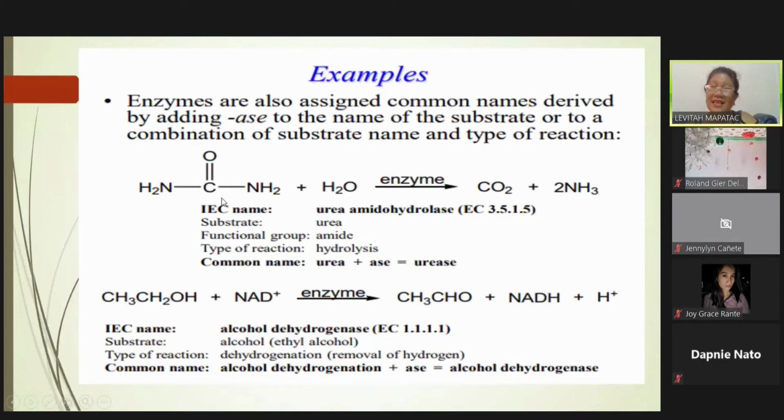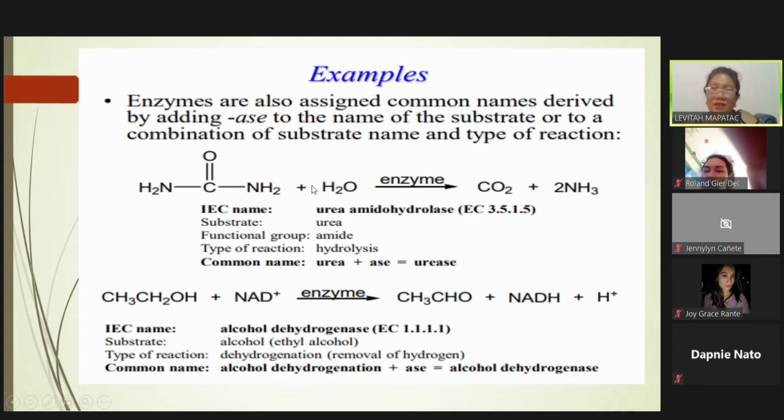What will be the EC name of that? What is the name of the substrate? Put urea. What functional group is acted on? It is amino, the amide, amido. The EC name is harder than the common name. What happened here? This is the water.